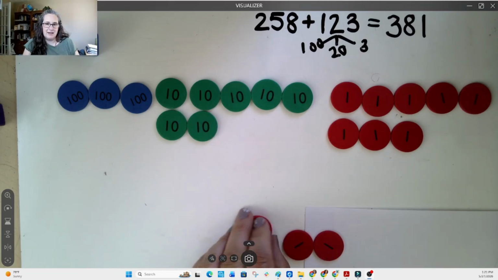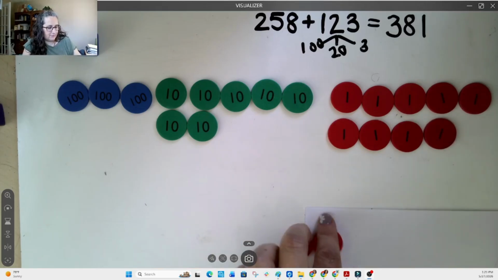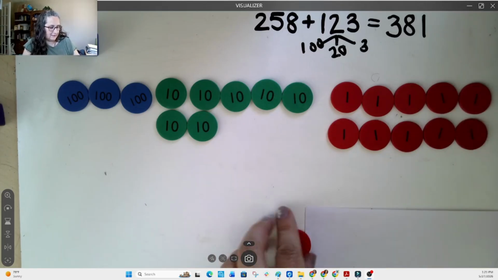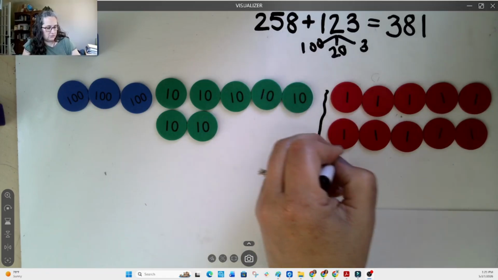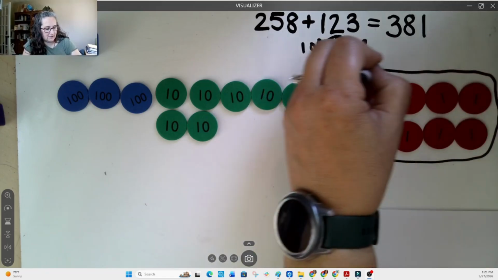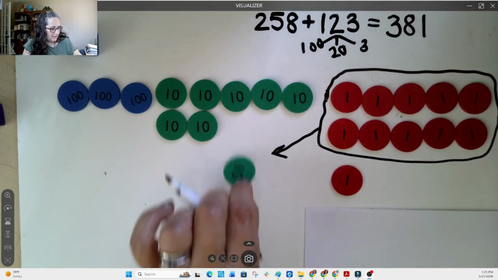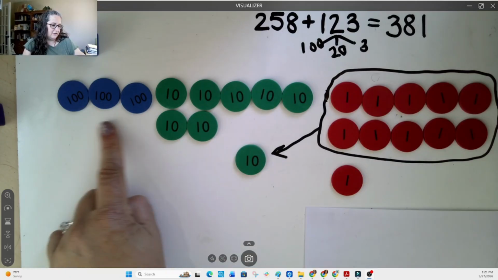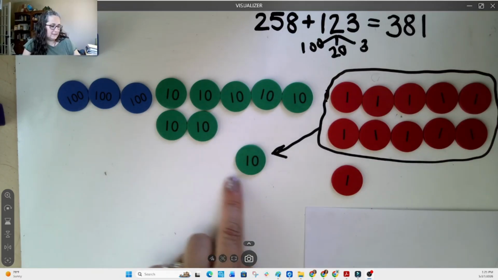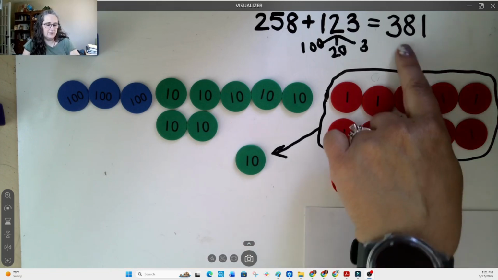Then from 378, I'm going to add my 3 ones, and I can see here that when I add those 3 ones, I'm composing a new unit of 10. So these actually move over here as a 10. So now I have 300, 8 tens, and 1 one for 381.